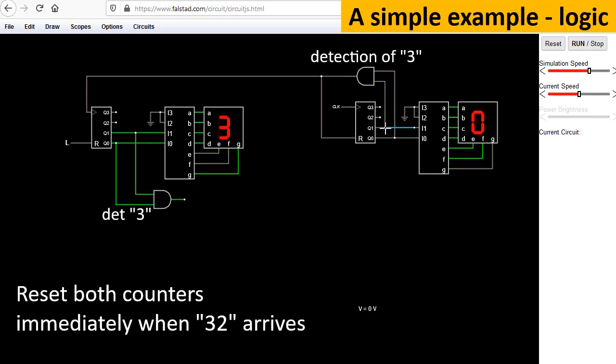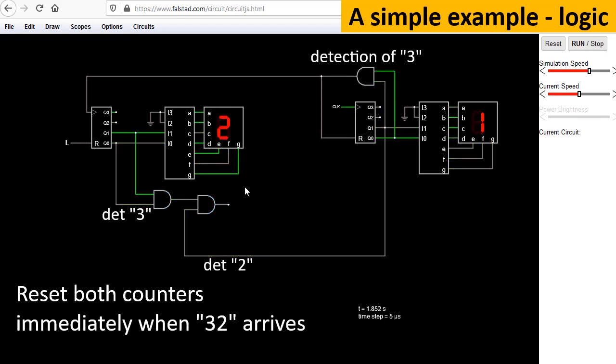Here we detect 2, which is just most significant bit, so I'll just take it. And we multiply both signals. So this signal has to reset this counter and this counter.